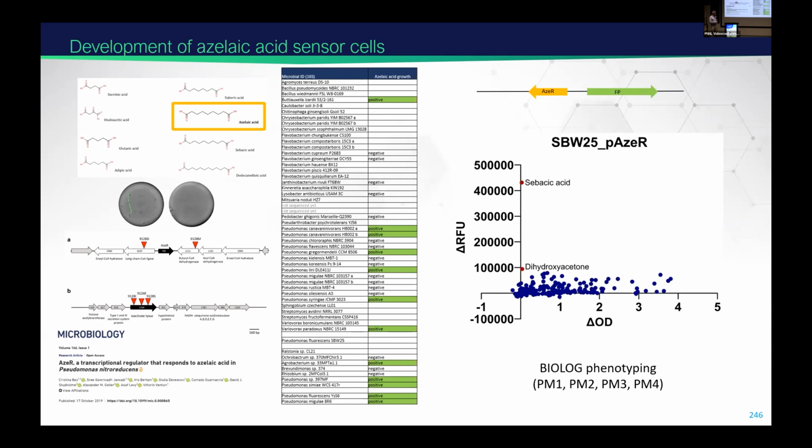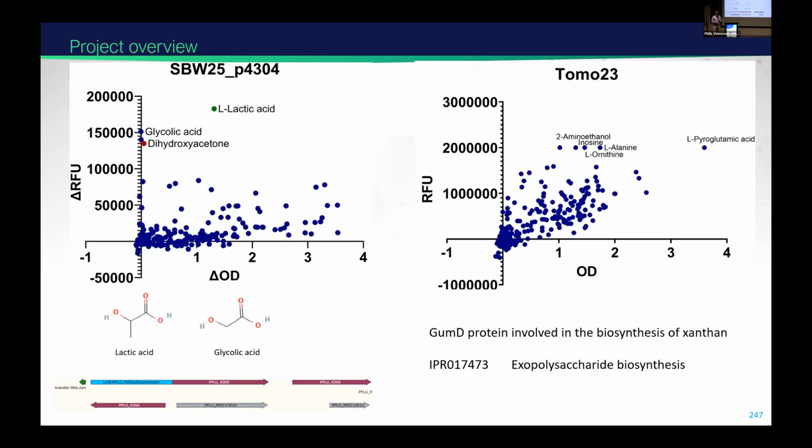As you can see, most of the chemicals didn't elicit any fluorescence, but the C10 version, sebacic acid, clearly elicited a response. Just another example where we have lactic acid. This was a native promoter. We just inserted it into that organism, and it responds to lactic acid as well as glycolic acid.